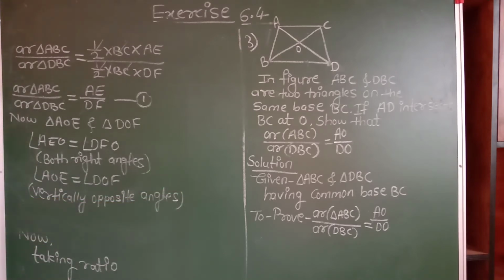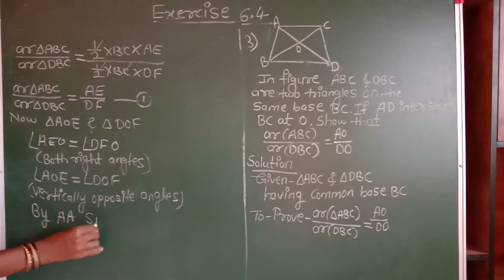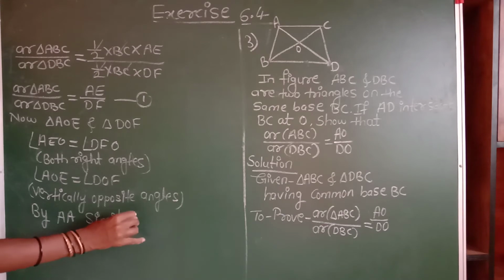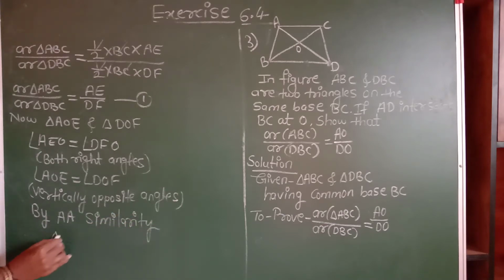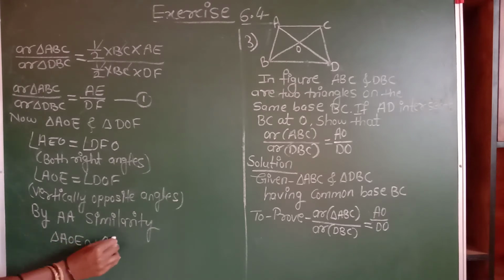By AA similarity, we can write triangle AOE is similar to triangle DOF.